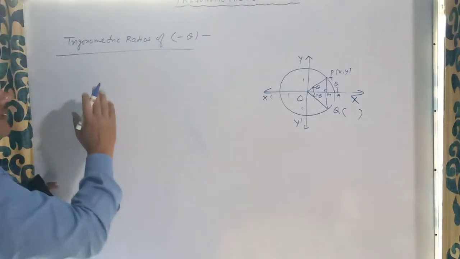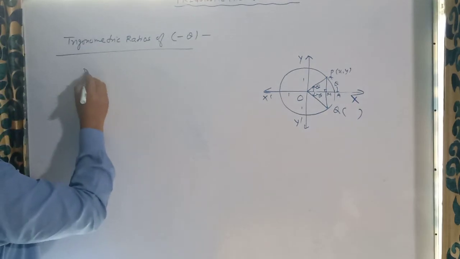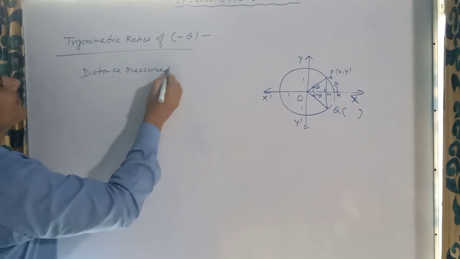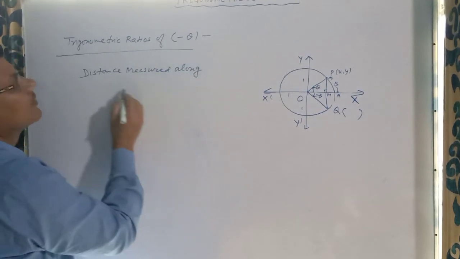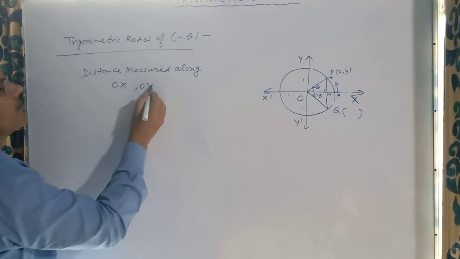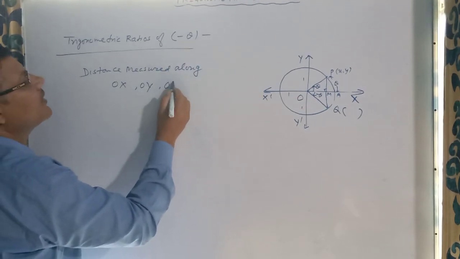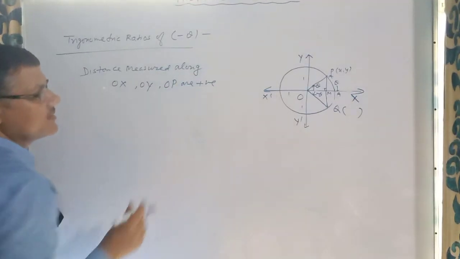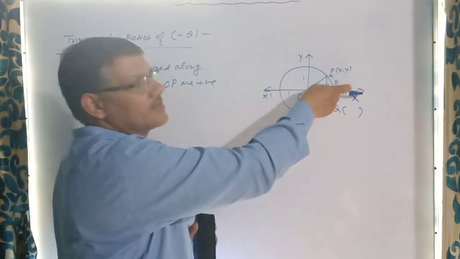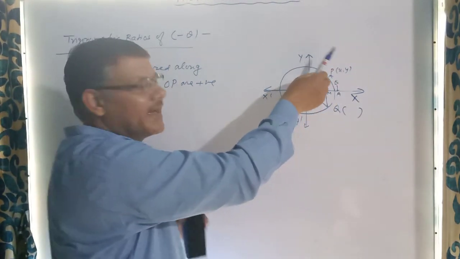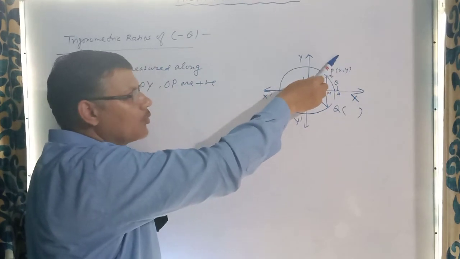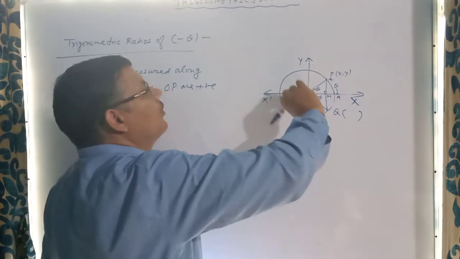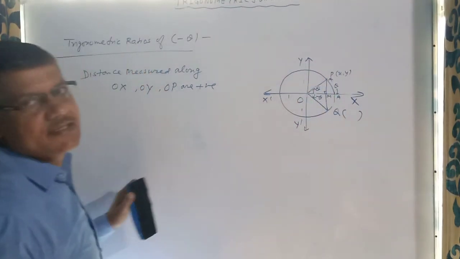Then what about the coordinates of Q? Here we use the sign convention. Distances measured along OX, OY and OP are taken as positive. It means distance along the positive x-axis, distance along the positive y-axis, and distance along the revolving point at any position, whether OP, OQ, OR or OS, is always positive.